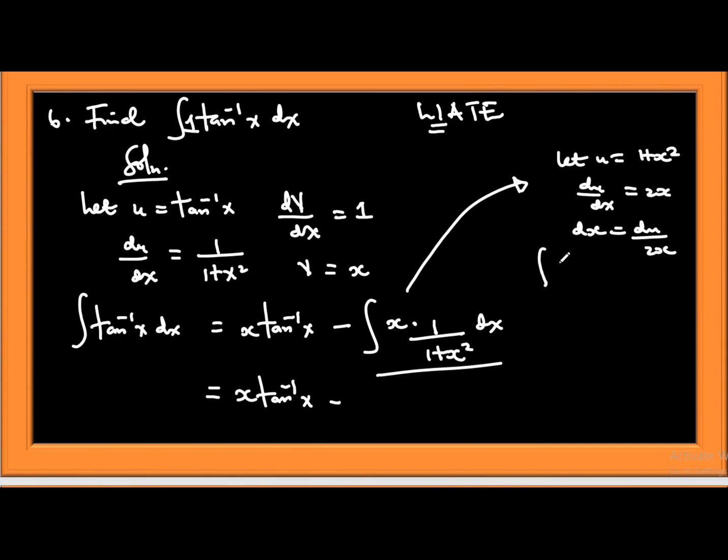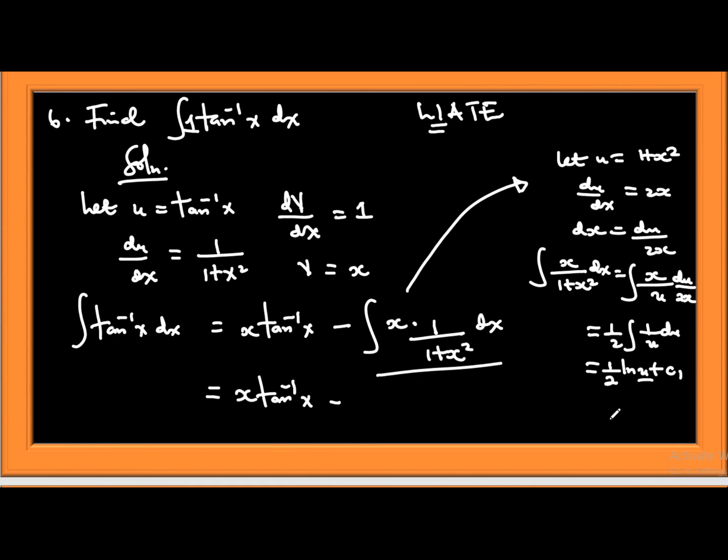Go back to the substitution, x divided by 1 plus x squared dx now becomes integral of x divided by, this is now u, dx becomes du out of 2x. The x will cancel, so you will realize that you have a half out, integral of 1 over u du, but integral of 1 over u is natural logarithm of u, so it means we shall have a half ln of u plus a given constant.